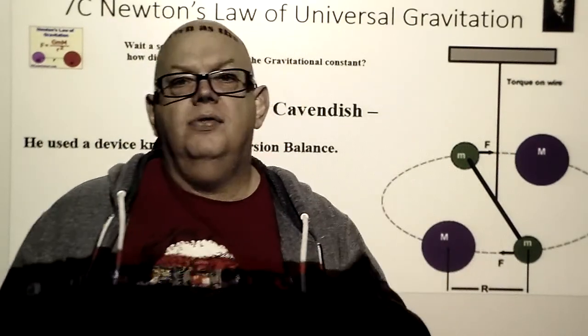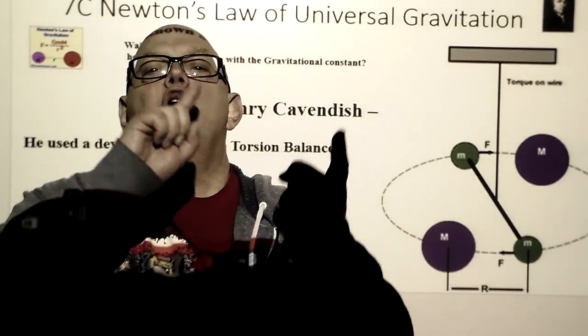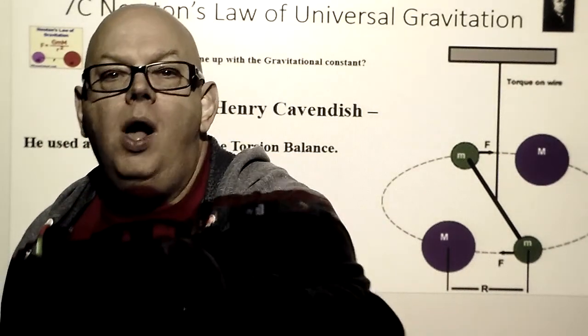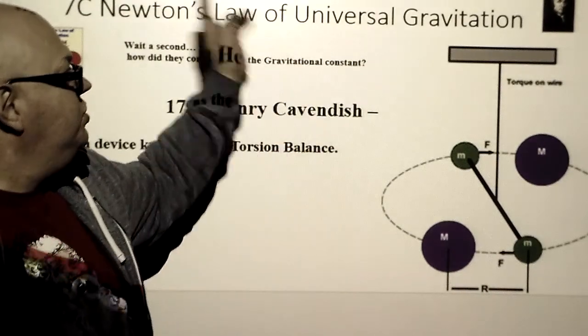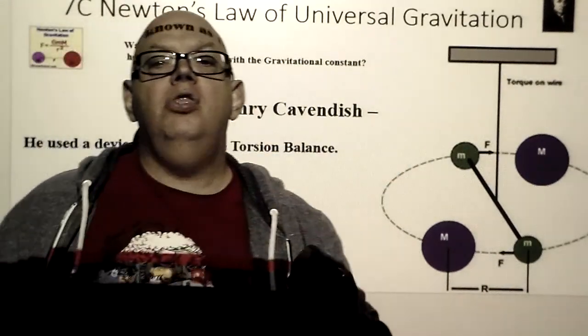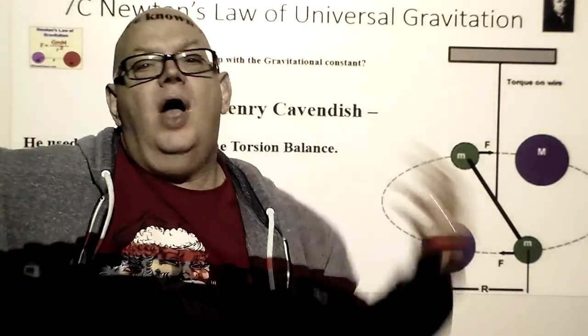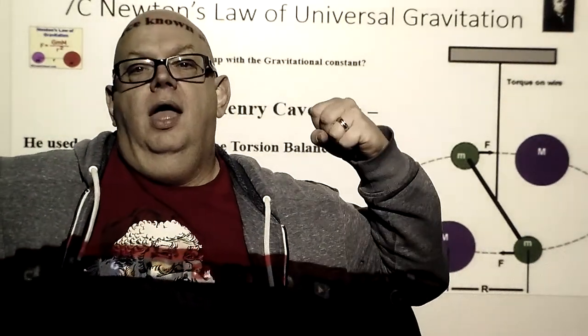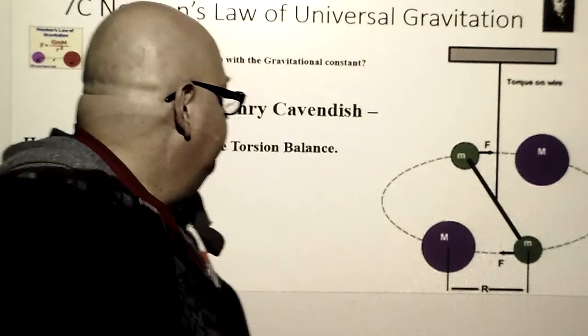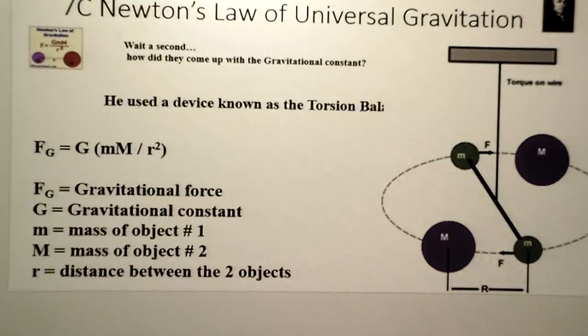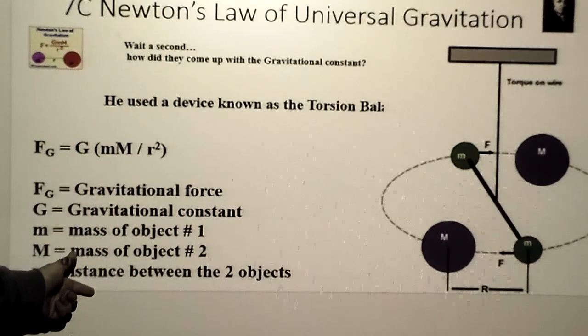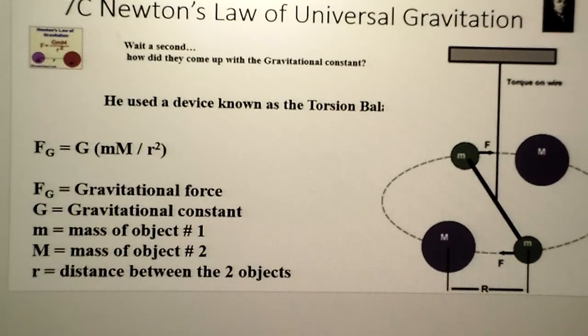Then how did we figure out the G? They looked at the twist on the wire, the torque on the wire. The more of a twist, that meant there had to be more gravity involved. And with that, they were able to figure out the gravitation constant. So this is our formula here.